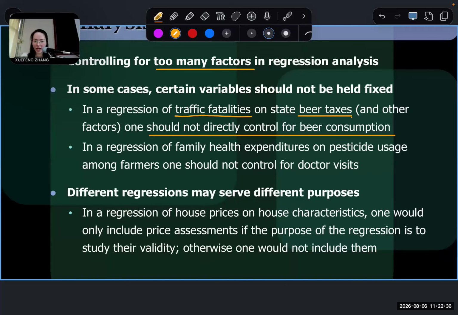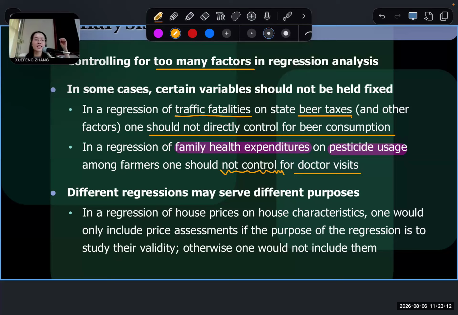The next example is about family health spending on pesticide exposure. Don't control for doctor visits. Why? The same logic. Doctor visits are likely a consequence of exposure.